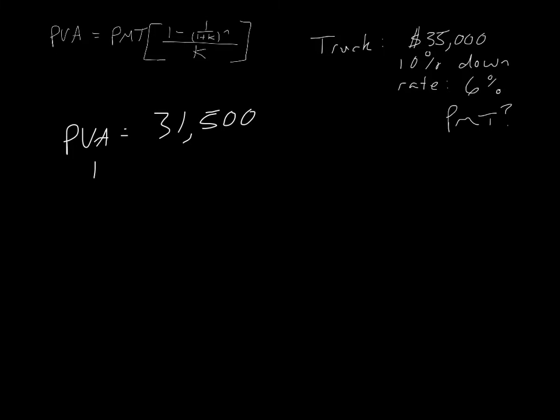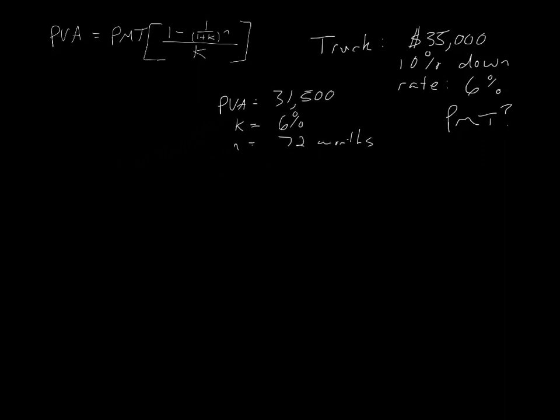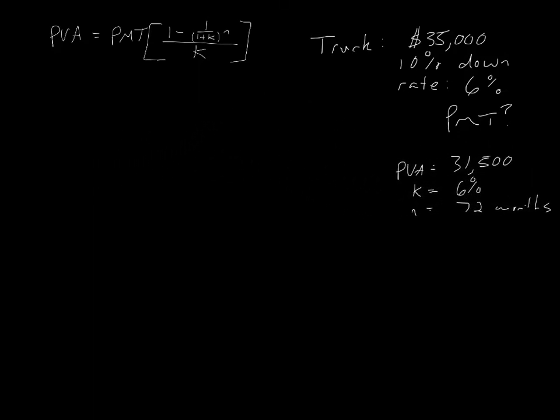Okay, our K is, we know, 6%. And our n, number of time periods, which we didn't actually write down, but we're going to say it's a 72-month loan or a 6-year loan. 72 months. Okay, so that's our information. Now we just have to plug our information into our equation.